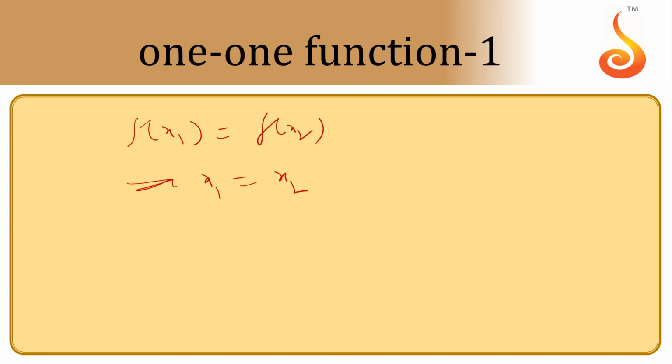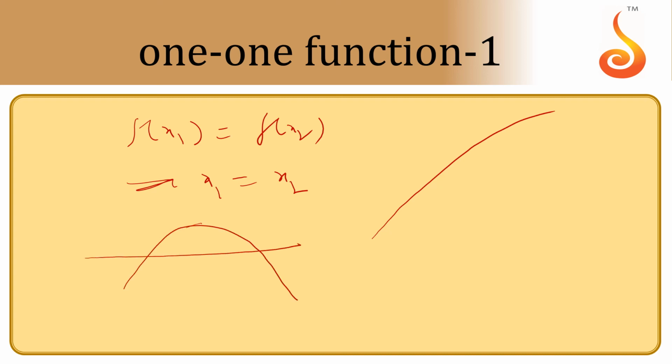Now, how to check whether the given function is 1, 1 or not? A function which is not 1, 1 is called many to one function. Suppose the graph of a function is continuously increasing or continuously decreasing, it is 1, 1. Suppose the graph increases and then decreases, what does it mean?